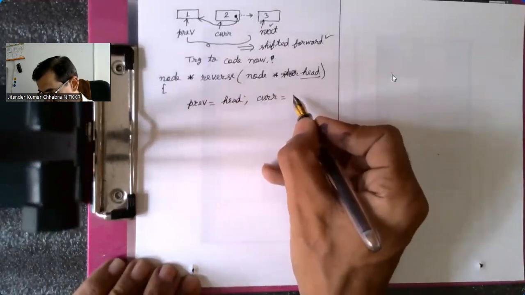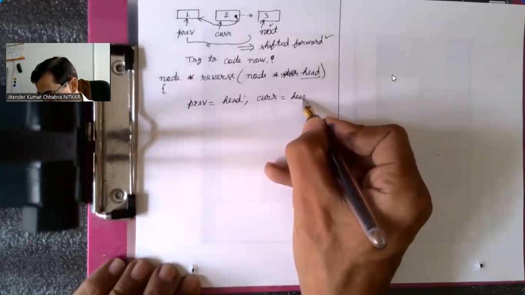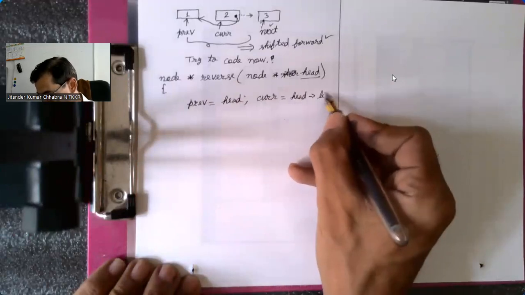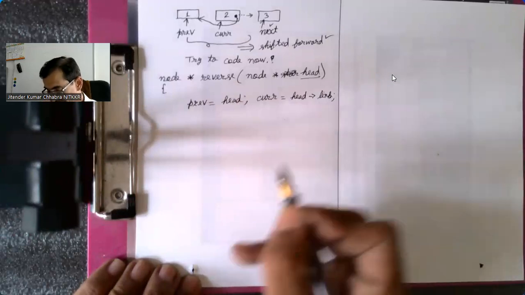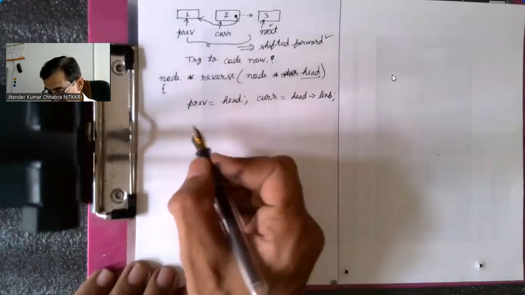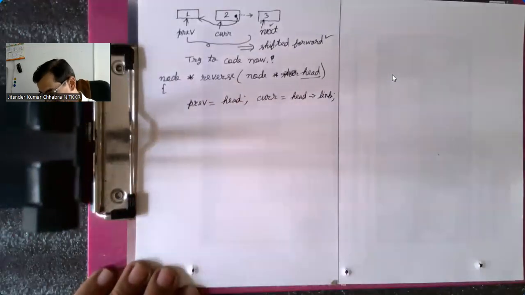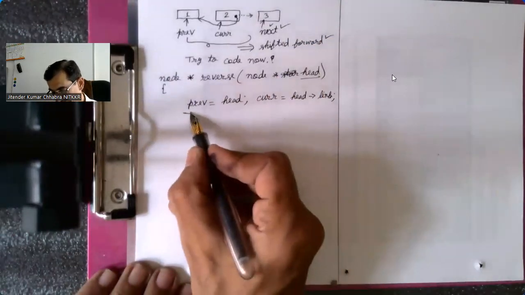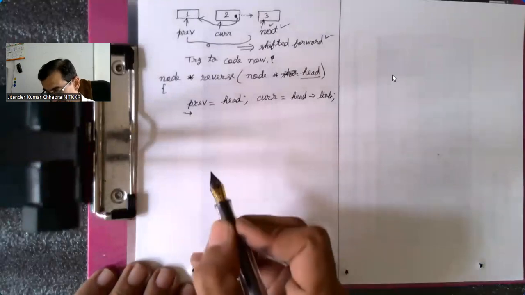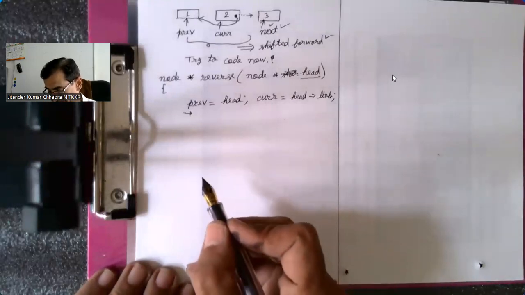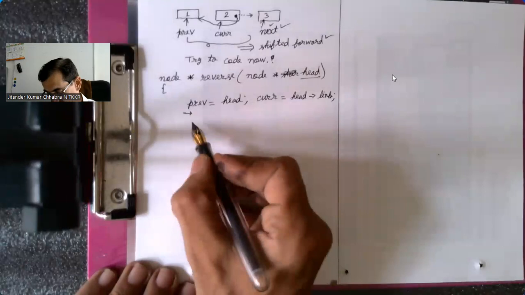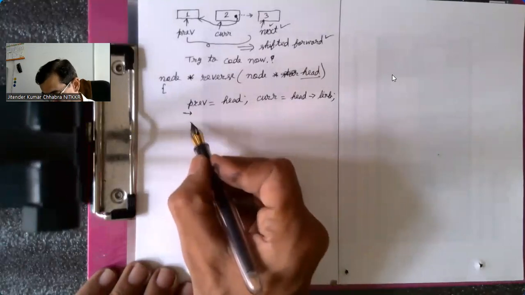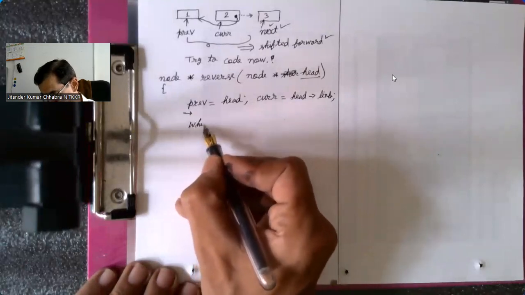Current equal to what? Current equal to head arrow next or previous arrow next link. Link variable we have used in the singly linked list, if you remember. Then what next? Maybe I can think of using the word next also, and next also to be written. That can be one way, but I'm not writing it because we will have some discussions over that. But yes, if you have done that, still. Then obviously I need a loop. So I'll have some while loop.